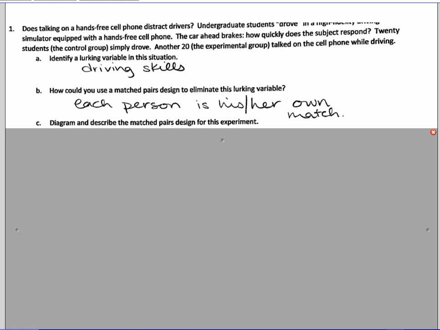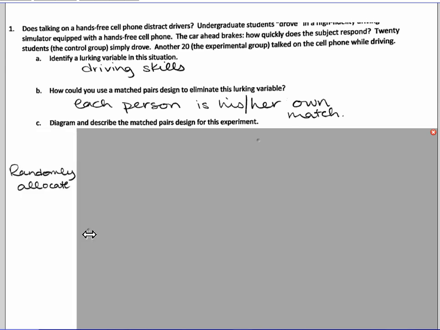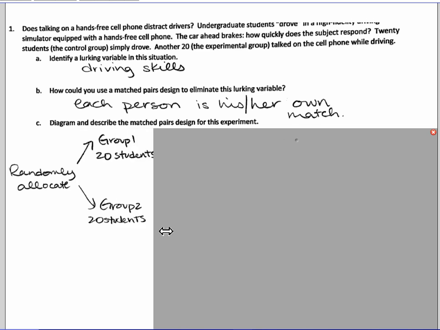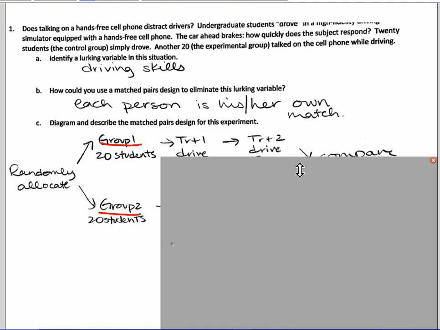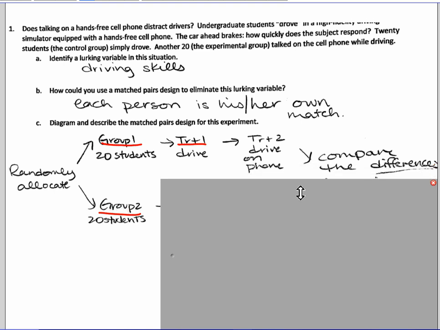So what I'm going to do is I'm going to take my 40 subjects and I'm going to randomly allocate them into two groups of 20 students each, right? Group 1 has 20 students, Group 2 has 20 students. And Group 1 is going to get treatment 1, which is just driving without the phone.